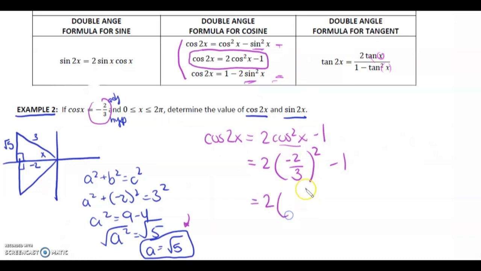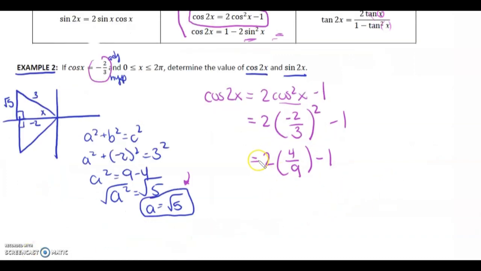So 2 times, well, what's 2 squared? 4. Was 3 squared 9, okay, and then minus 1. So 2 times 4 is 8 over 9 minus 1, which is 8 over 9 minus 9 over 9, and then that gives us negative 1 over 9. That's what I get.